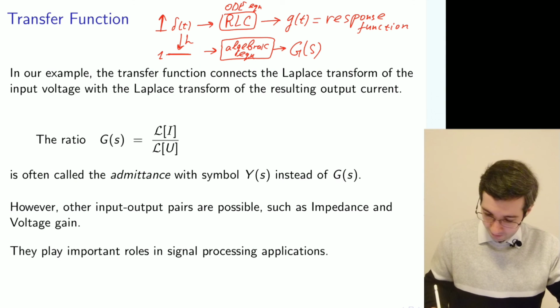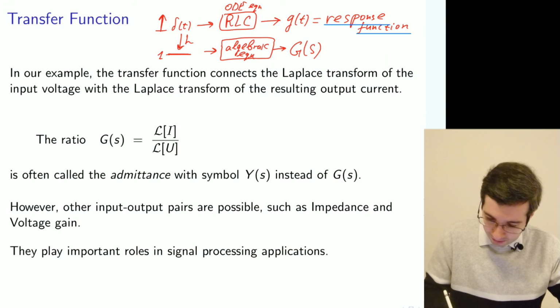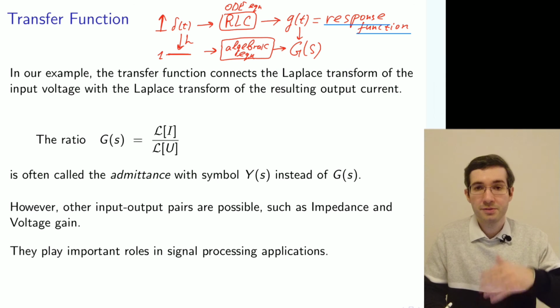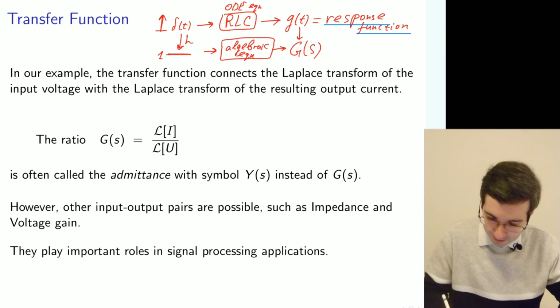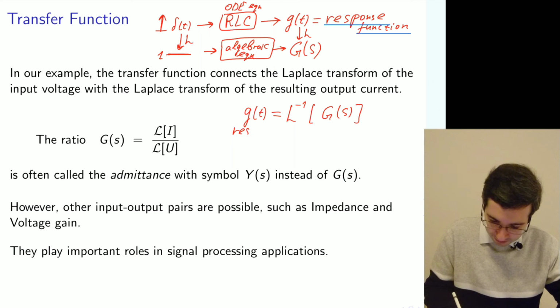So the thing to bear in mind is that if you know the response function, you know the transfer function. If you know the transfer function, you know the response function. And they're connected as follows. If you take an inverse Laplace transform of the transfer function, you get the response function.